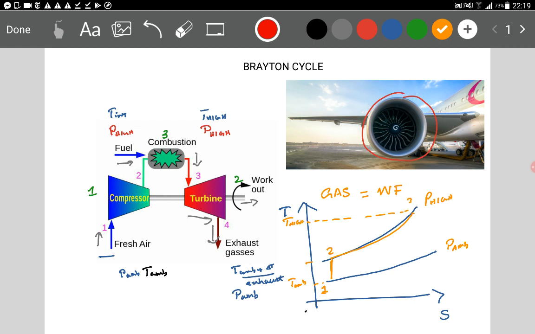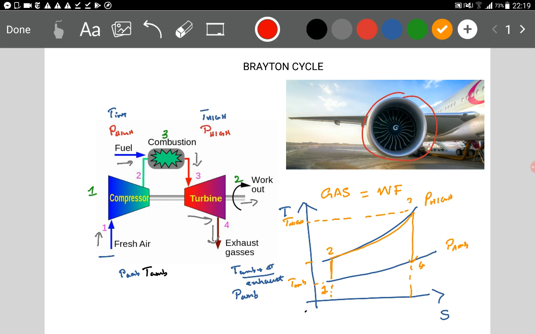And this is point 3. Now in the turbine, we consider that it's an isentropic process, and it goes straight down. The entropy during the expansion remains constant, and we get point 4. From here, the gases are exhausted into the atmosphere.